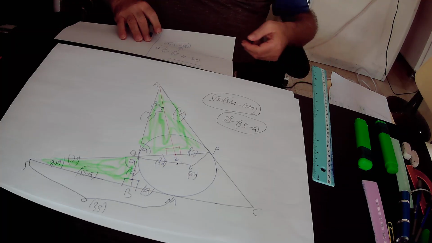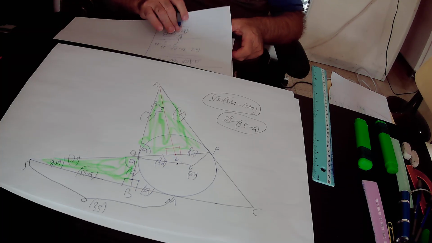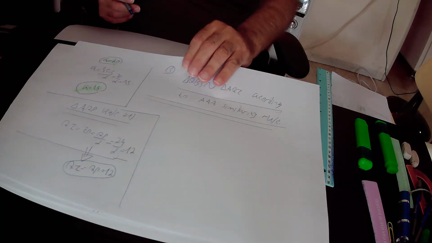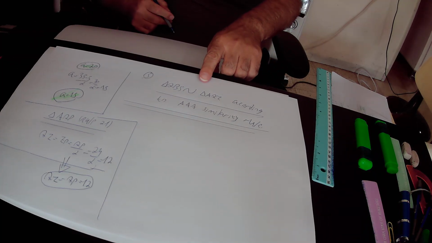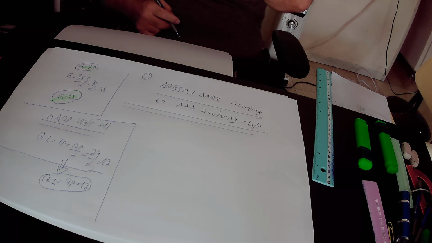And again, if you found out that the small right triangle QBS is similar, this is the sign of similar, to the big right triangle AQZ according to the angle similarity rule.